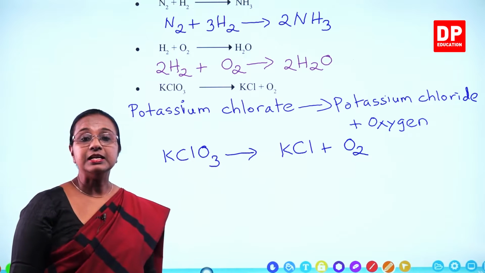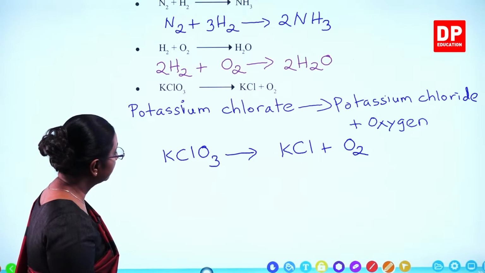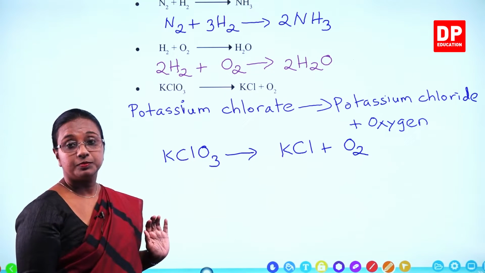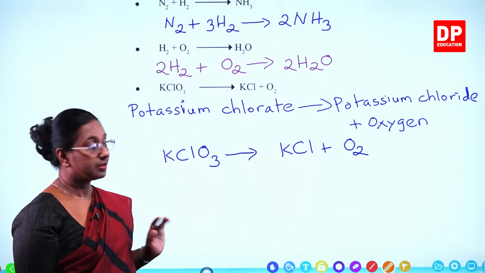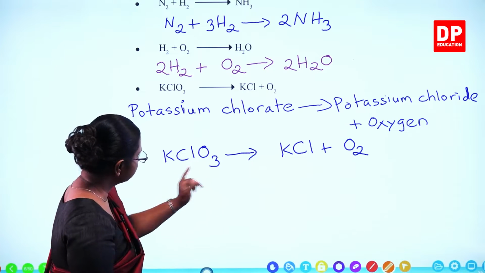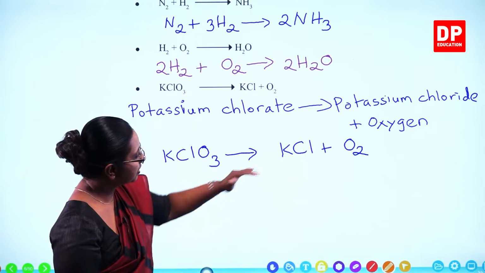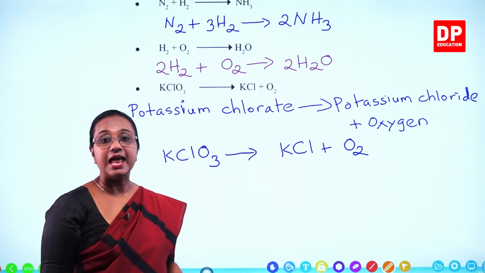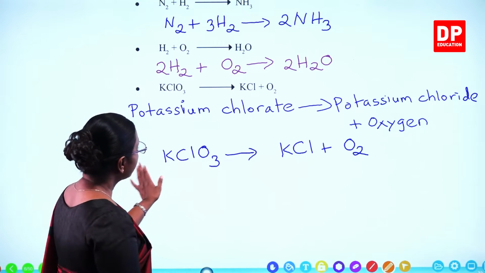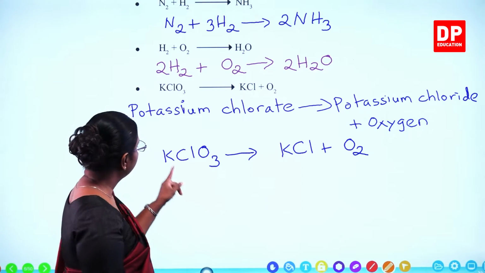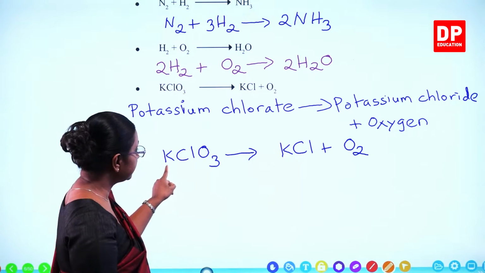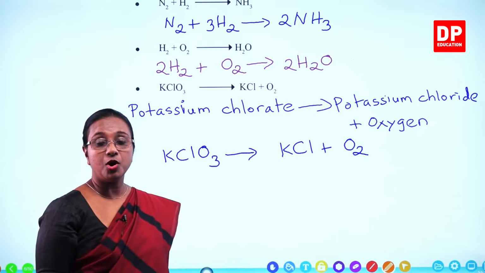Now look at the number of atoms in the compounds, the reactants and the products. So here we have potassium chlorate giving rise to potassium chloride and oxygen. Now look at the number of atoms on either side of the arrow. Reactants, 1 potassium, and 1 on the product side.